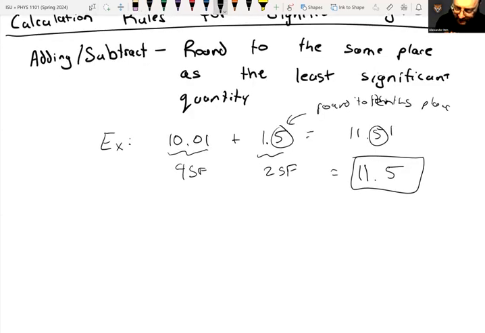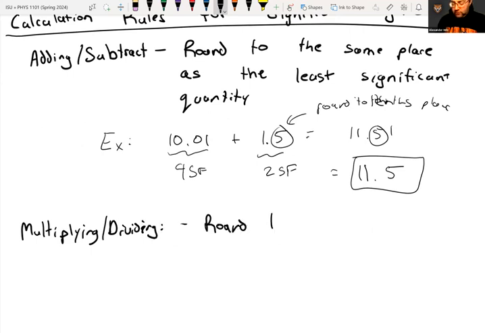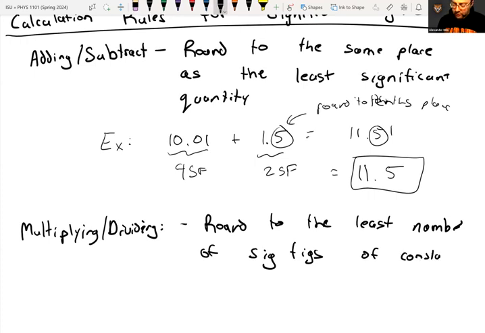And then for multiplying and dividing, you basically round to the least number of sig figs of the constituents. Okay.